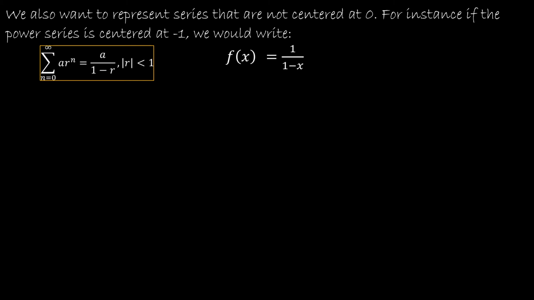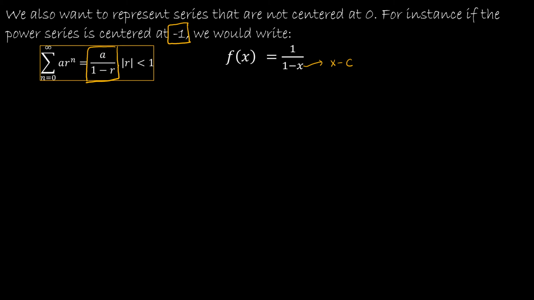And remember, our goal is to turn this into a function that looks like this. And you might be saying, this is the same example. And it is, but it isn't, because now I want this centered at -1 instead of 0. So anytime we're not centered at 0, I have to think about x as being x minus c.